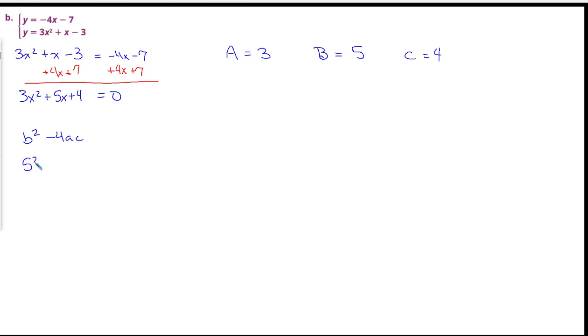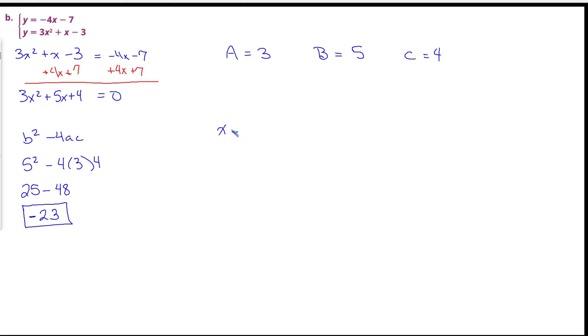So 5 squared minus 4 times 3 times 4. 5 squared is 25, and 12 times 4 is 48. 25 minus 48 gives me 23, and a negative, because the negative 48 is larger than the positive 25. And so we end up with a negative as our discriminant.